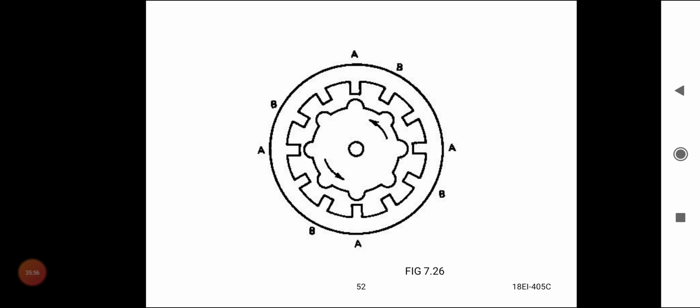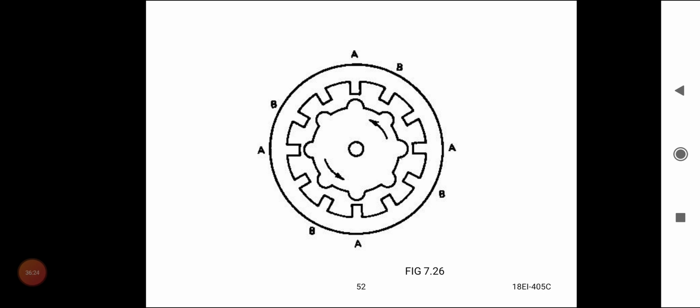The rotary having 8 poles, the stationary having 12 poles. Between the rotary and the stationary, 4 poles will be aligned, 4 will not be aligned.